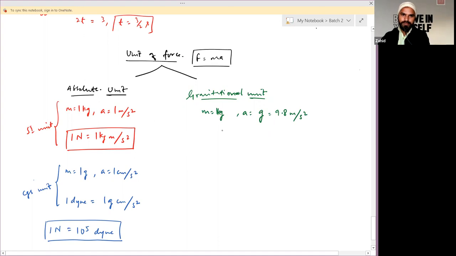So it will be termed as 1 kg force or 1 kg weight and should be equals to 9.8 Newton in terms of SI unit.